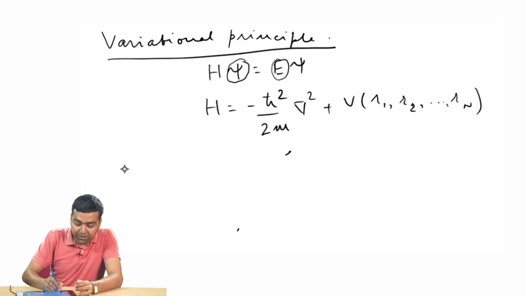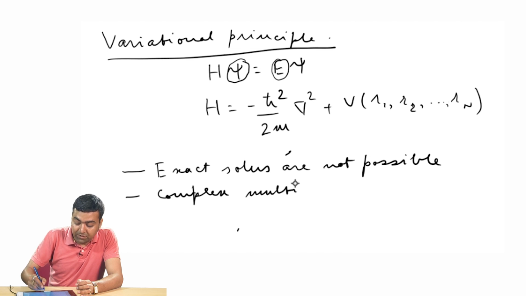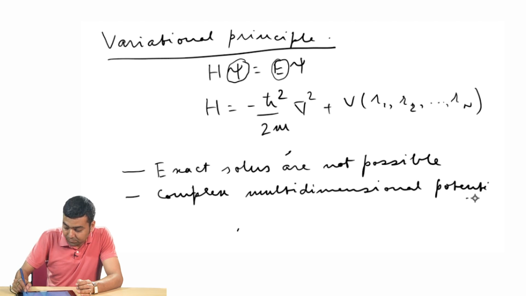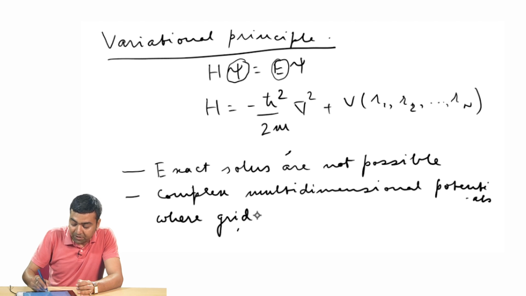So, when do we use this variational principle? One is when exact solutions are not possible. The second is for complex systems, complex multidimensional potentials, where grid based methods become inappropriate or expensive.